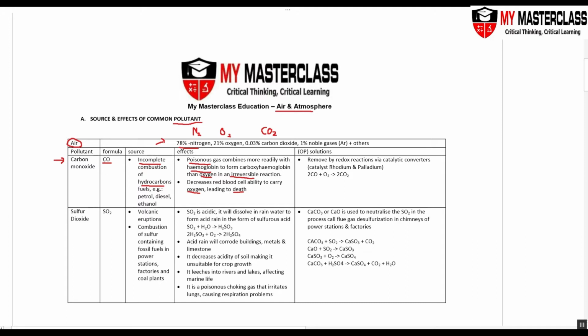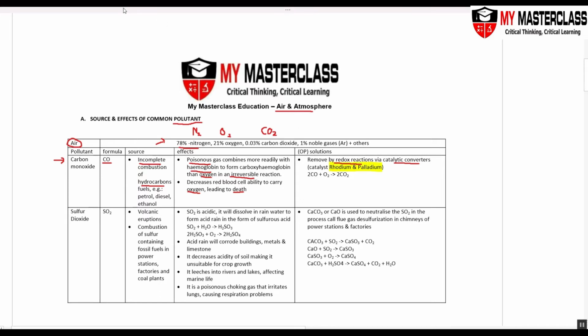Carbon monoxide is removed by redox reaction via catalytic converters. Catalytic converters are usually installed in the exhaust pipe of your cars and in factory chimneys and all that. The two common catalytic converters we have to know are the transition metals rhodium and palladium.